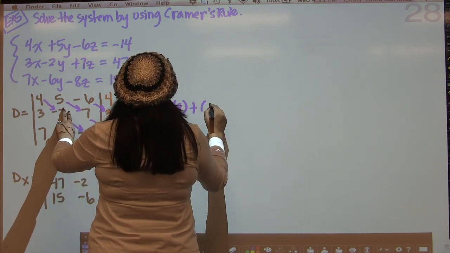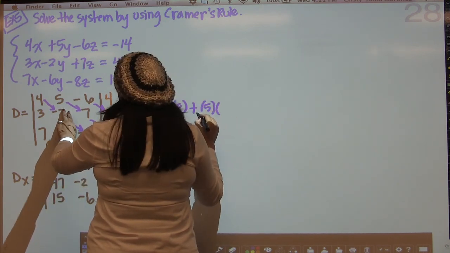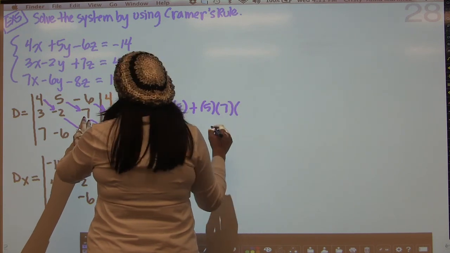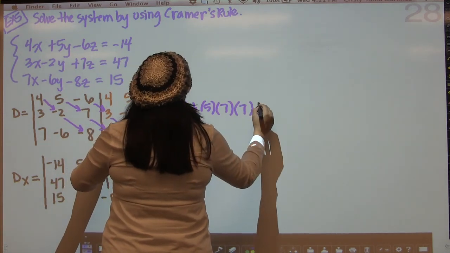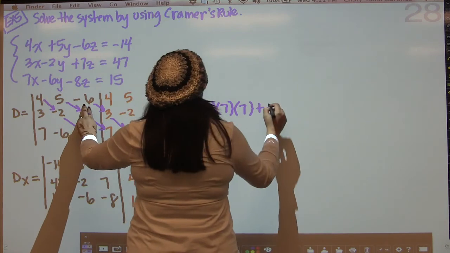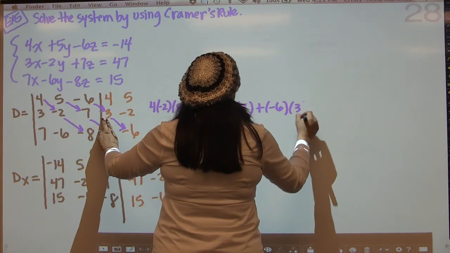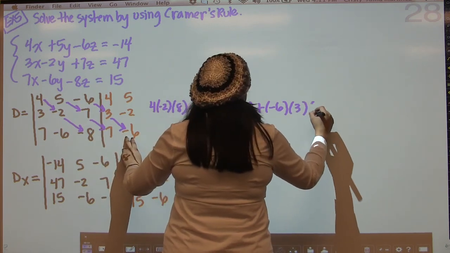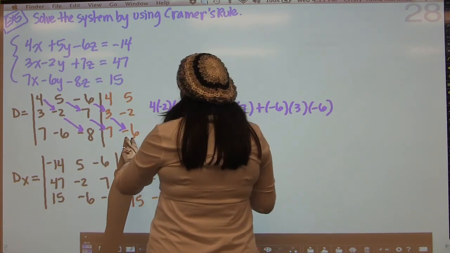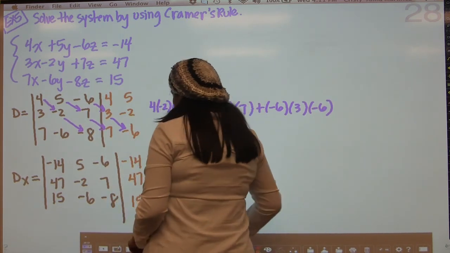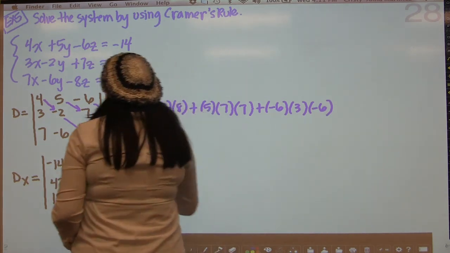We're going to then do 5 times 7 times 7, and then negative 6 times 3 times negative 6, and then we're going to go upwards.